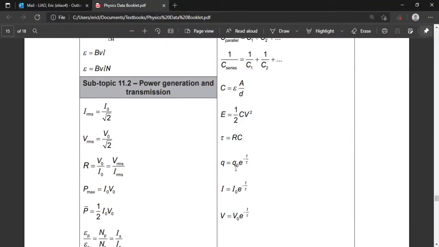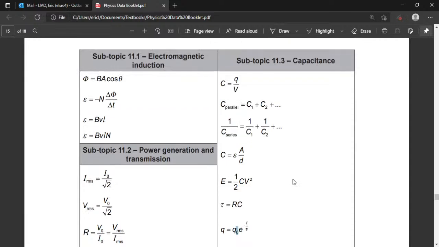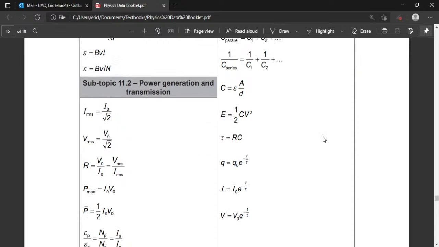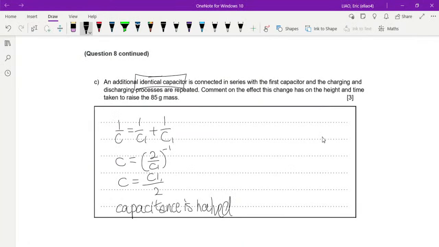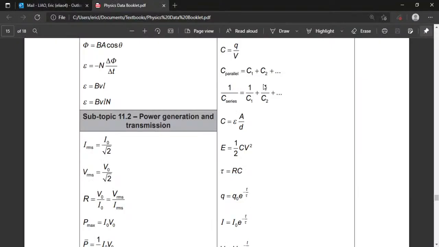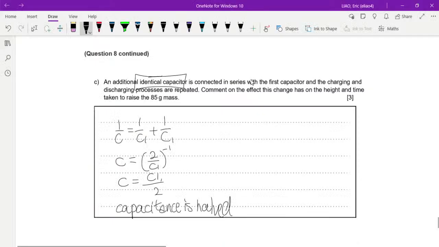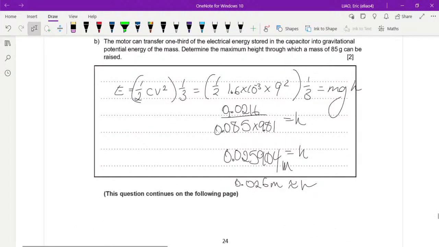So time is proportional to Q, and C is proportional to Q. So how is C proportional?